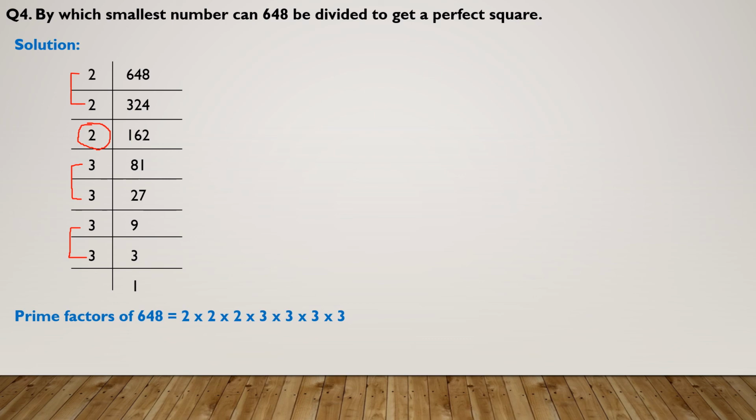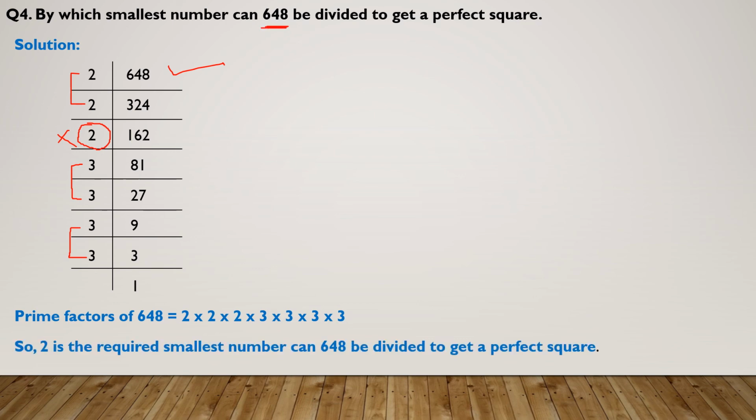Got it? If we simply omit 2 from here, this number can become a perfect square. Means if we divide your given number by 2, we can make our given number a perfect square. Or you can say, if you multiply your given number by 2, then this number may be a perfect square.